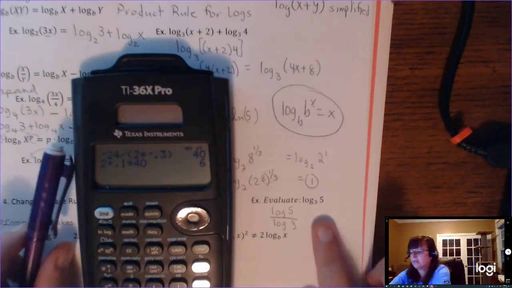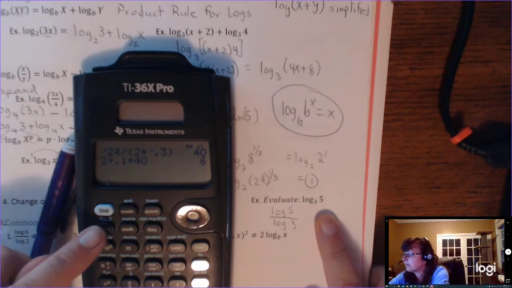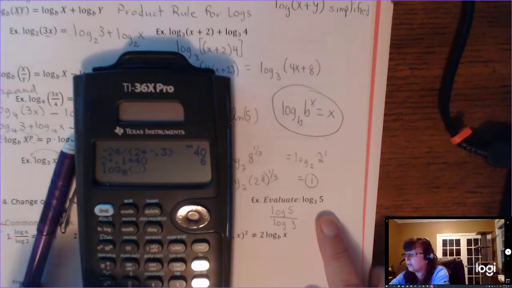So log base 3 of 5, if you hit this LOG button once, you get ln. If you hit it twice, you get log base 10. But if you hit it a third time, it allows you to put whatever base you want in. So you can actually figure out what the log base 3 of 5 is.